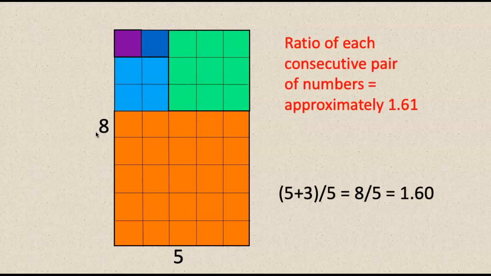We divide the longer side, the 8, by the shorter side, 5, to get the ratio of 1.60, which is even closer to phi, 1.61. So as you go along in the sequence, you will notice the ratio gets closer and closer to that golden ratio of 1.61.